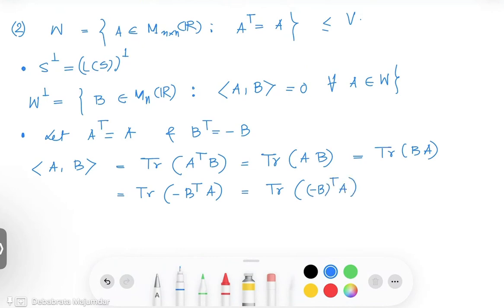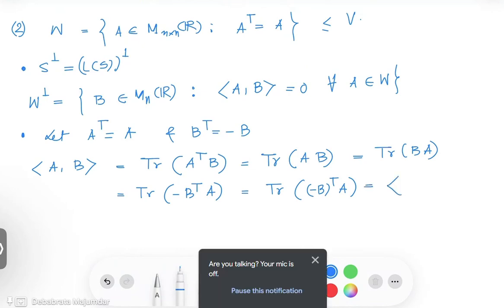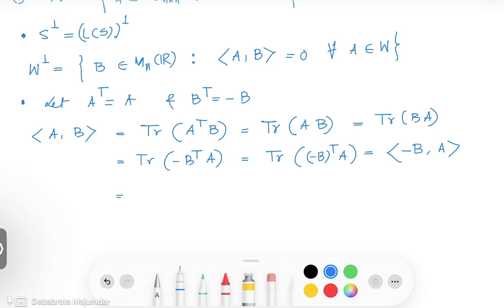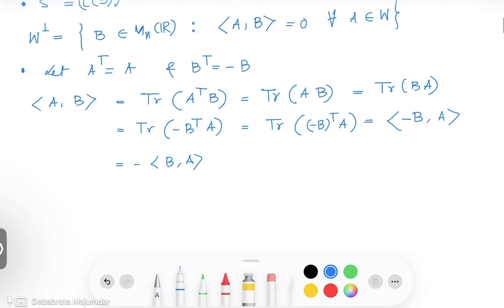So observe one thing. This is the inner product of minus B and A. And I can do this because we already know this is an inner product.